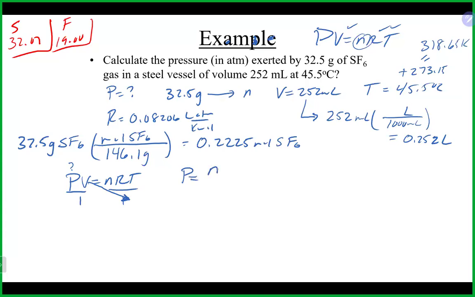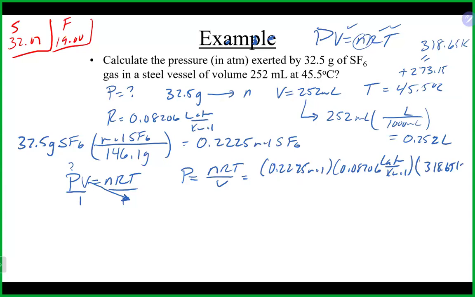And that gives us P is equal to nRT divided by V. Putting in our numbers here, 0.2225 moles times R, 0.08206 liters atmosphere over Kelvin mole, and our temperature there, 318.65 Kelvin, all divided by our 0.252 liters. Liters will cancel, moles will cancel, Kelvin will cancel. That's going to leave us atmospheres as the only unit left off of the R. And that will get us here.